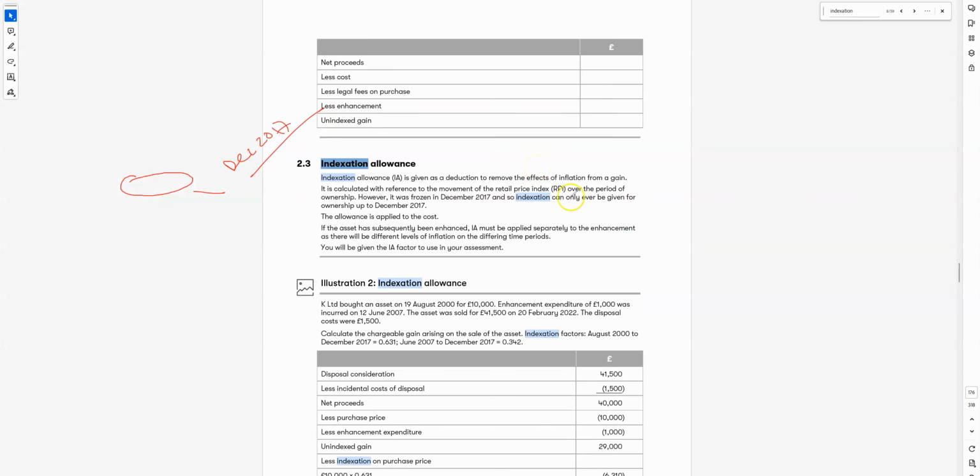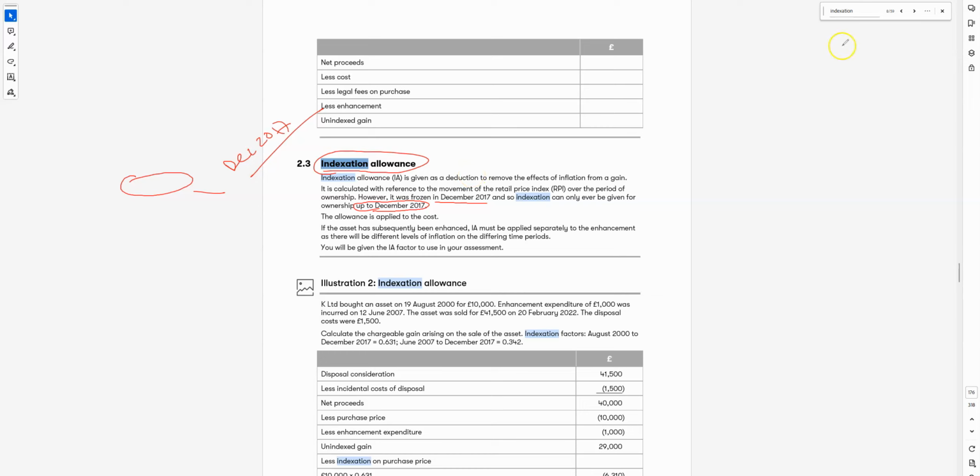So if you look at this one from the book, it says indexation allowance, and here it is clearly written it was frozen in December 2017. So indexation can only ever be given for ownership up to December 2017. So be very careful with that. When you have an indexation allowance, remember we can only get it up to December 17, not after that, for capital gains purposes. So we have to remember all of this information.